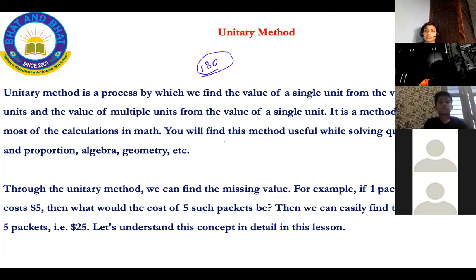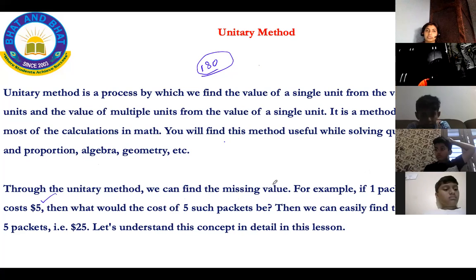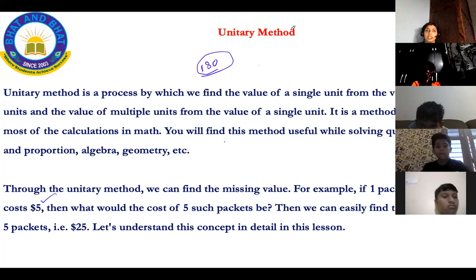Okay. Now, for example, if one packet of juice will cost 5 rupees or dollars, whatever it is, 5, then what would the cost of 5 packets be? Then what will you do? You will just multiply, correct? 25.